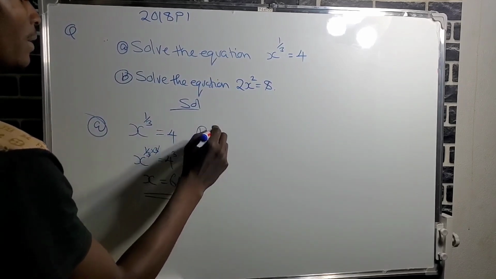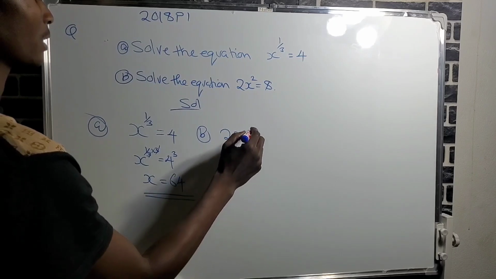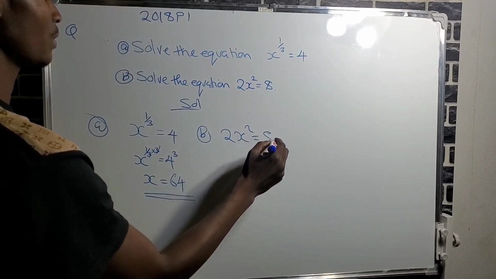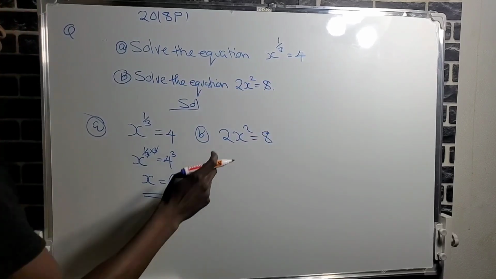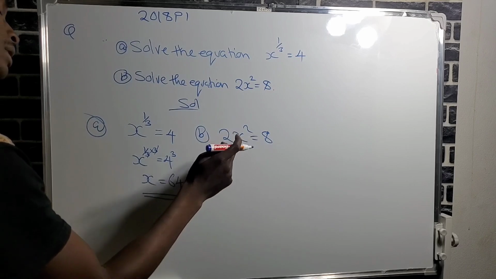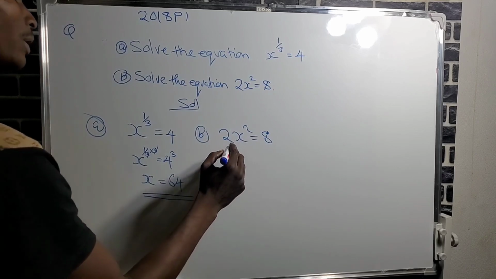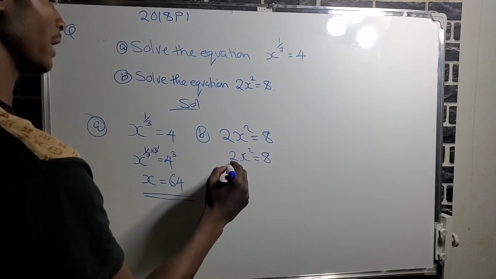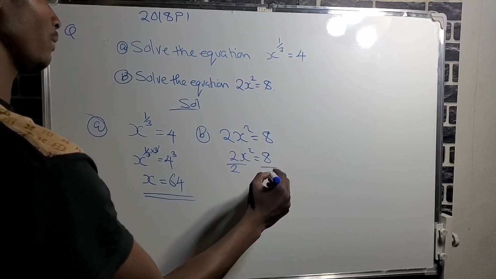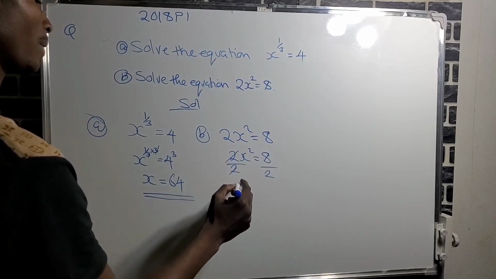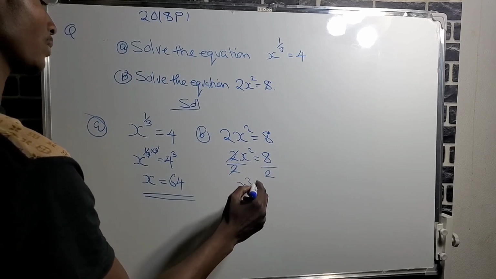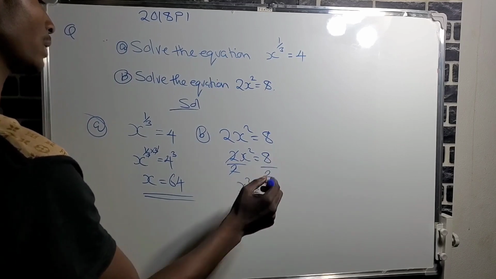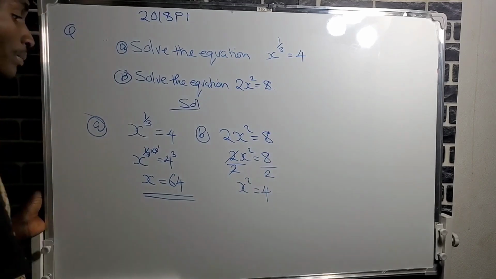B, they are given 2x squared is equals to 8. The coefficient of x here is 2 and is more than 1. So what you do, you divide by 2, even here by 2, and it will be x squared is equals to 8 over 2, which is 4.